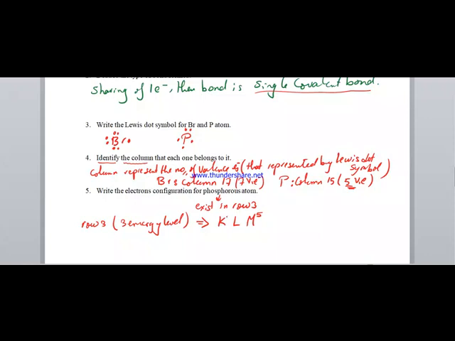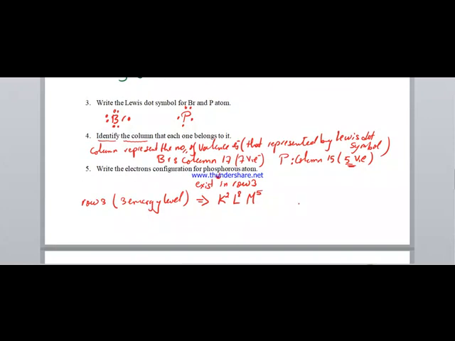The previous energy levels must be saturated: the K level is saturated by 2, and the L level is saturated by 8 electrons. This is the first part of the first 3 exercises about the chemical bond.